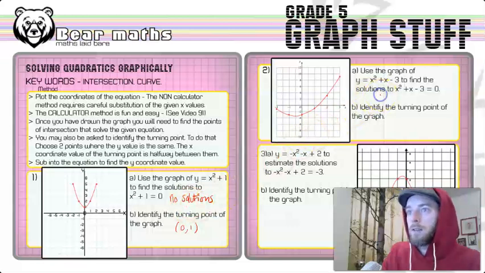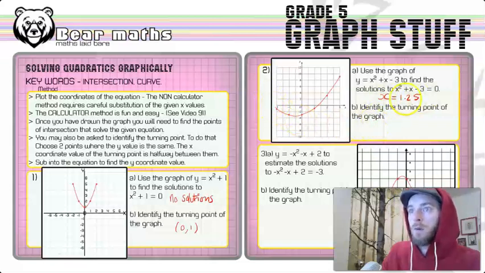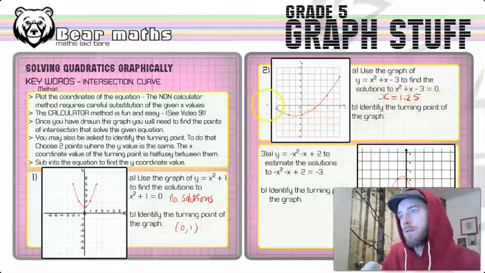I'd say that x is equal to 1.25. I've used the graph to get the solution. Now I can't get the other solution because I can't see where it goes through the x-axis. So there's my answer to that one. It might say where x is more than 0 or something like that, in which case you take the positive answer and not the negative answer.